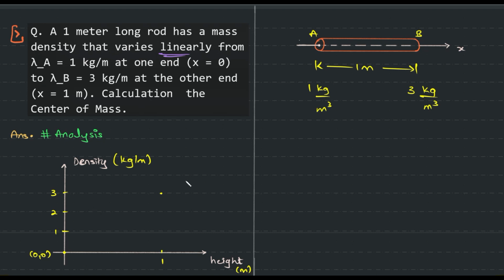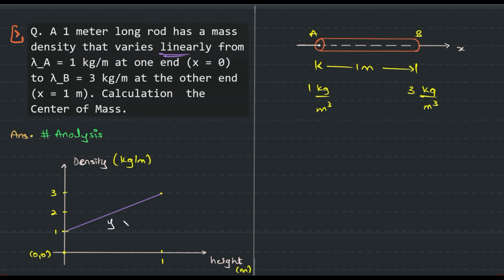Now, is it increasing this way or this way? This is increasing, right? So is this it? No, this is wrong. What's wrong about this? Because the density starts with 1 and moves on to this.